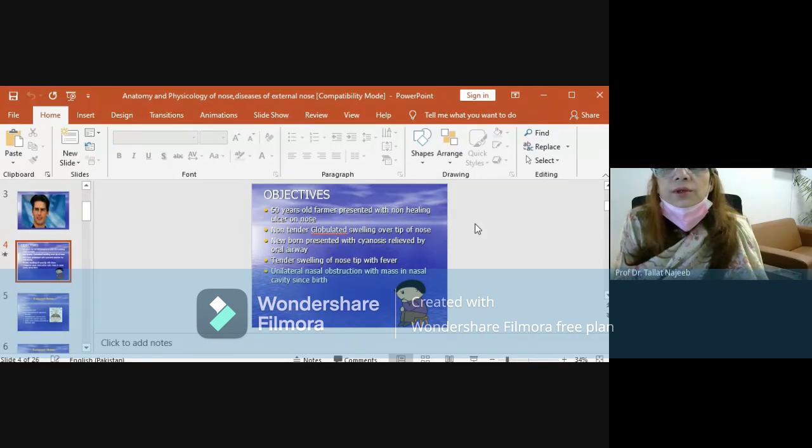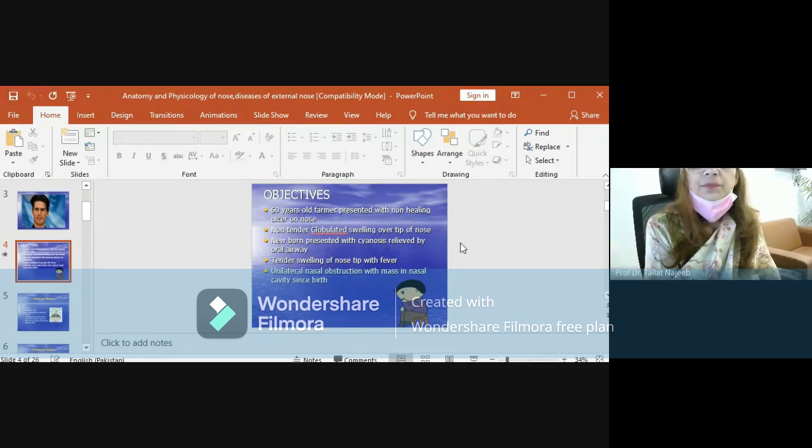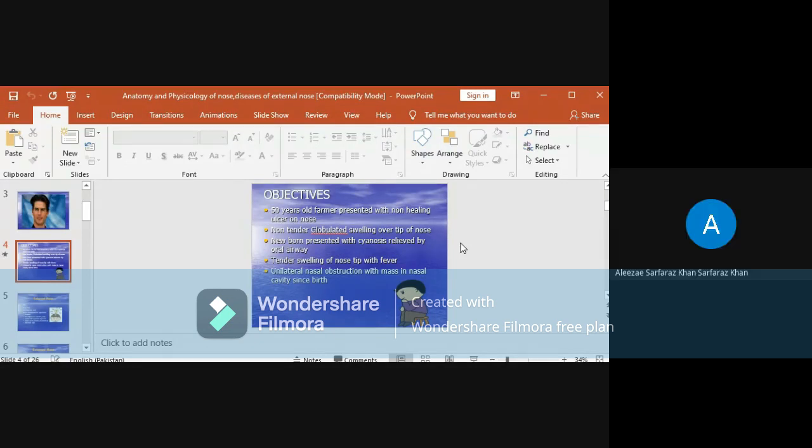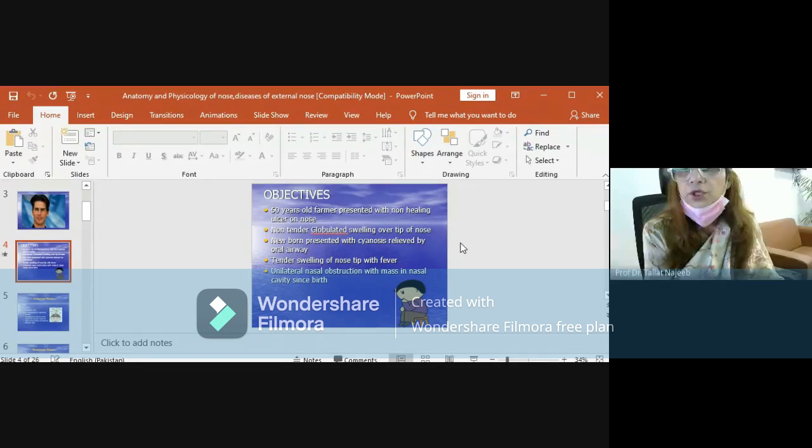Newborn presented with cyanosis that is relieved by oral airway. Choanal atresia. Shabash, choanal atresia.